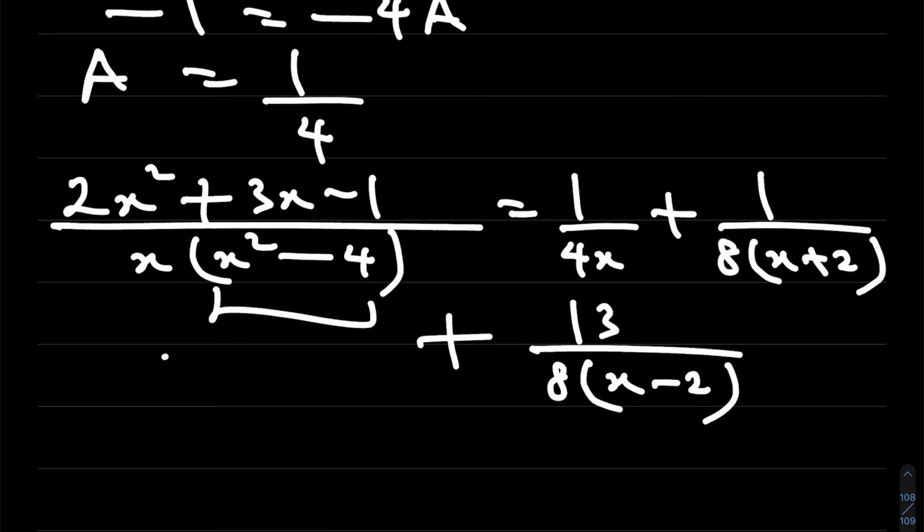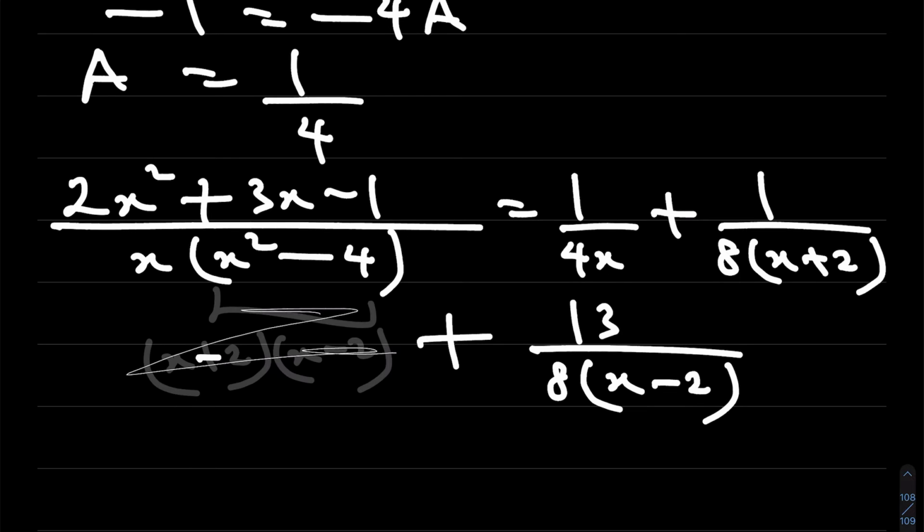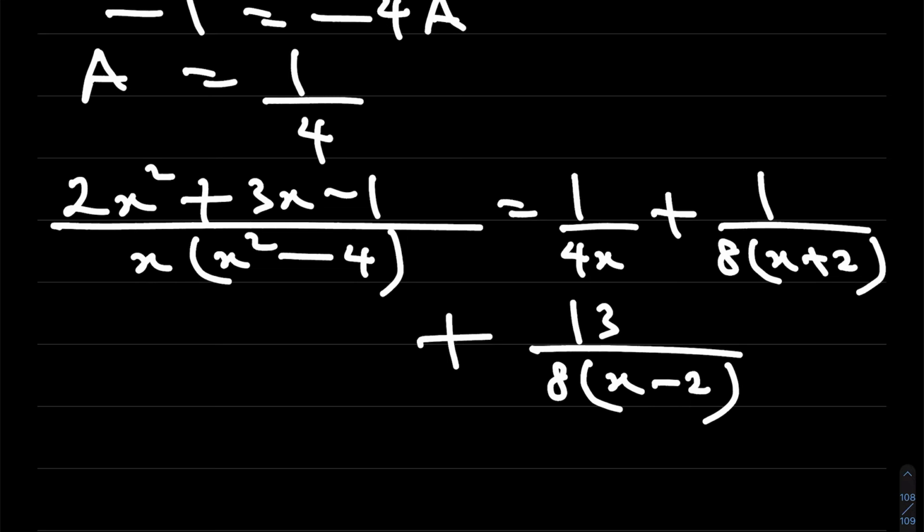Of course, we remember that x squared minus 4 is the same as x plus 2 times x minus 2. And that's it, very, very simply.